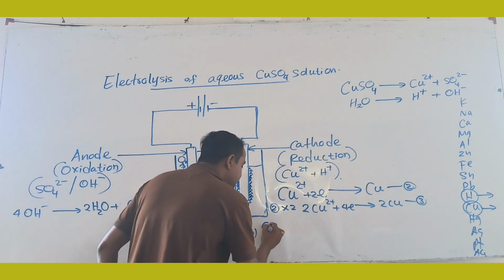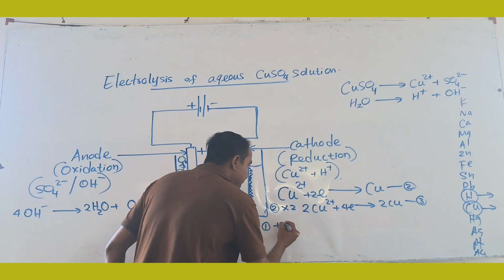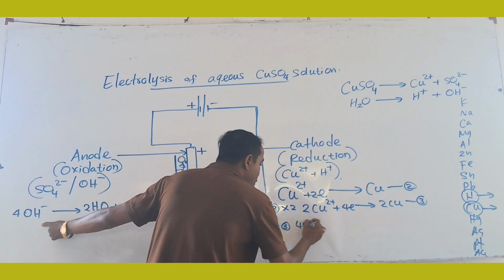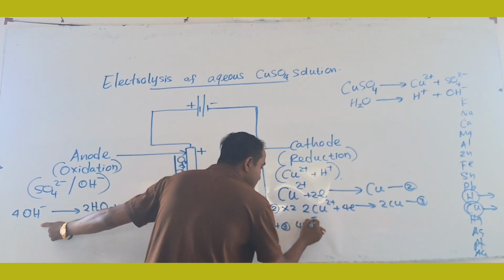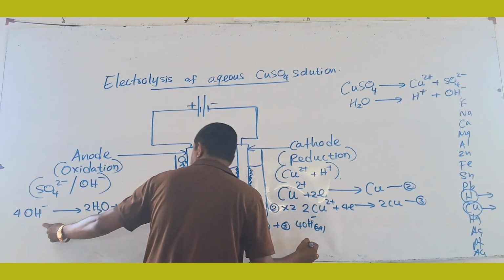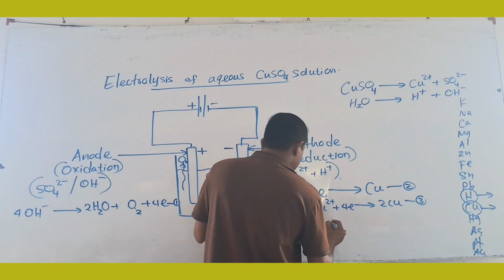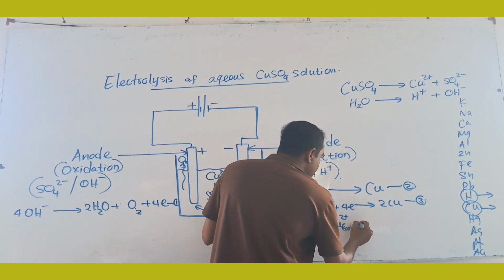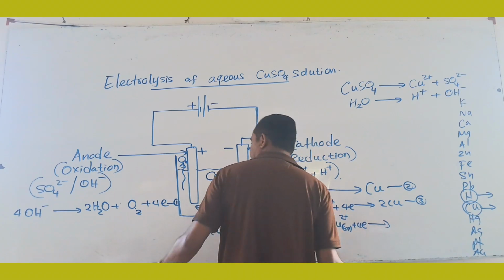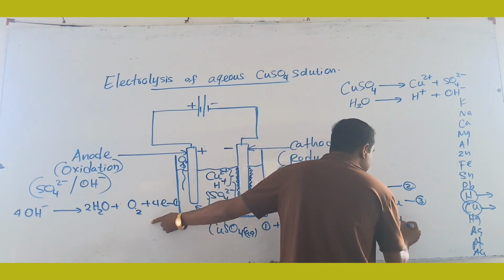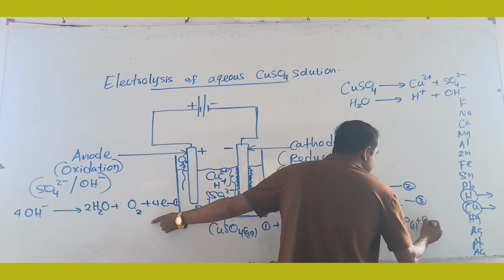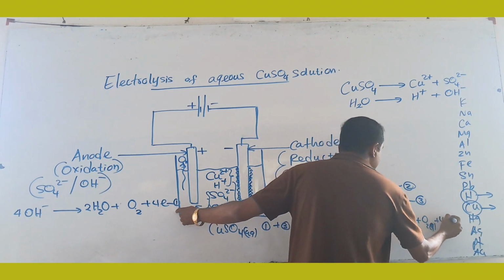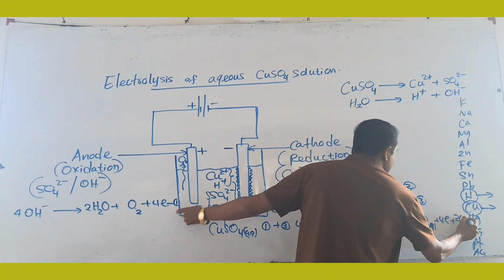Then I will add equation number 1 and equation number 3. 4OH- (aq) gives 2H2O (l) plus O2 (g) plus 4 electrons, and 2Cu2+ (aq) plus 4 electrons gives 2Cu.